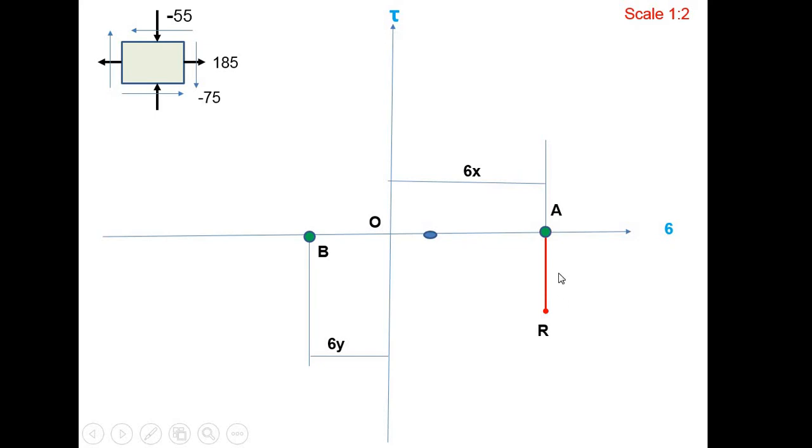So this AR distance equal to tau, and this A point indicates the vertical face. Similarly from B point also draw the tau distance. Again that distance is equal to minus 75, but according to scale that distance is 37.5. This is the tau distance, but we are plotting in an upward direction because on a horizontal face tau is in a clockwise direction.